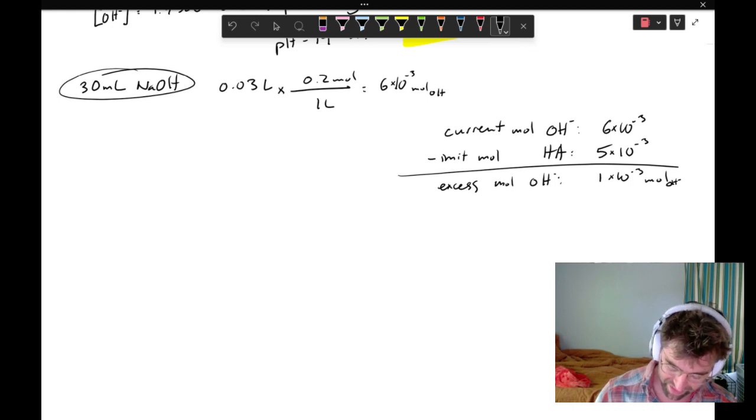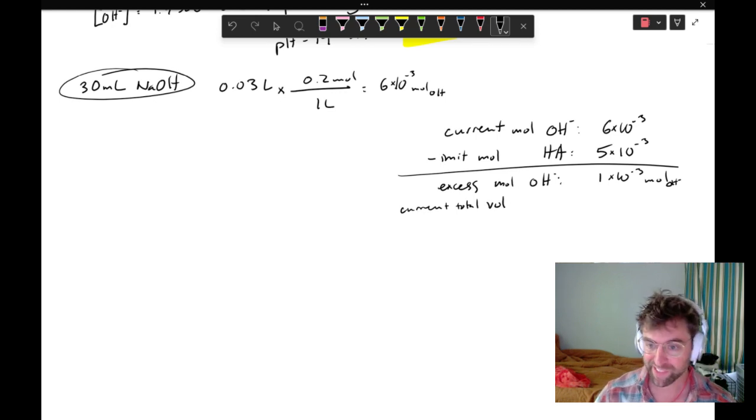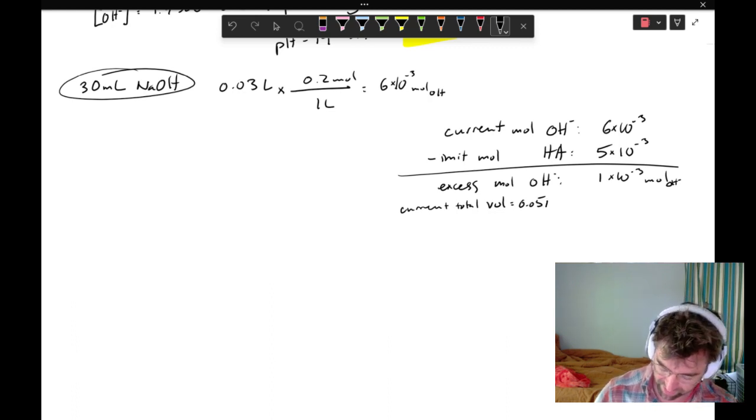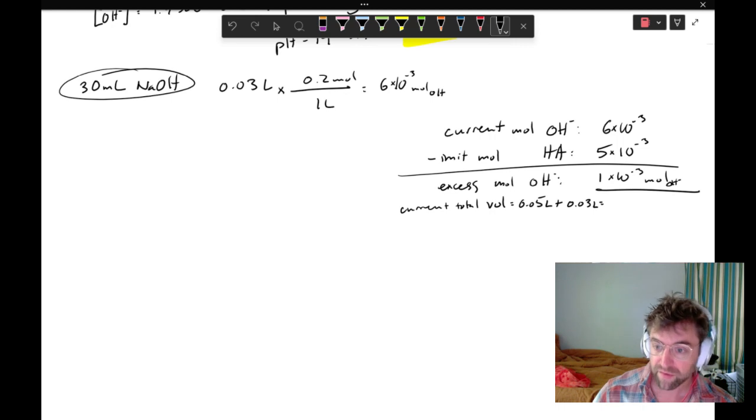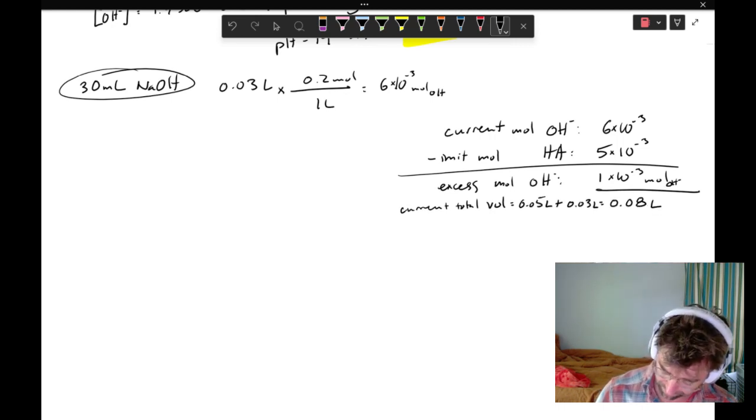The other thing that we need to know is the current total volume of the solution. We started with 50 milliliters, 0.05 liters. We added 30 milliliters, 0.03 liters. Gives us 80 milliliters, 0.08 liters.